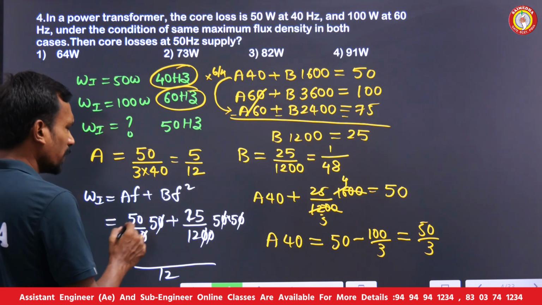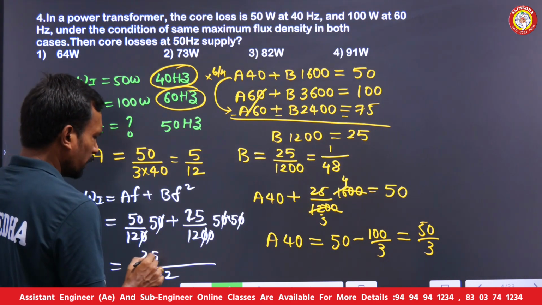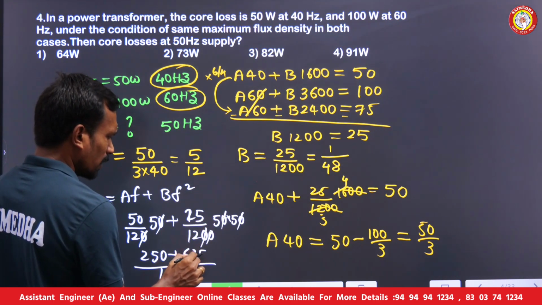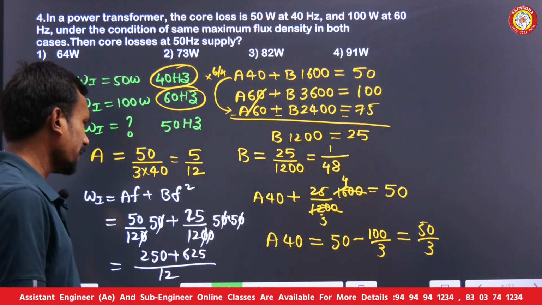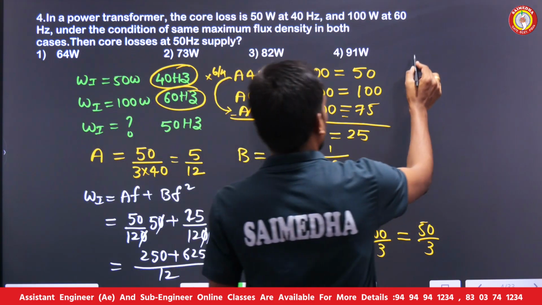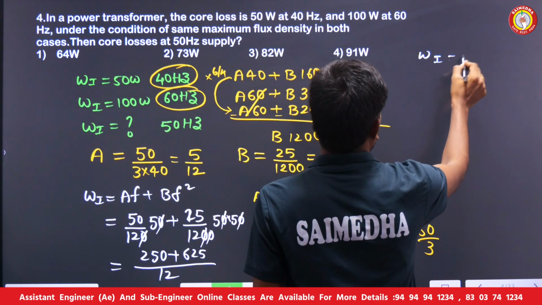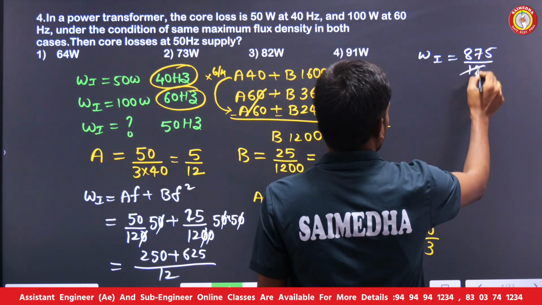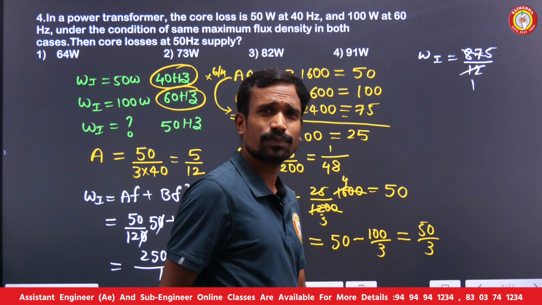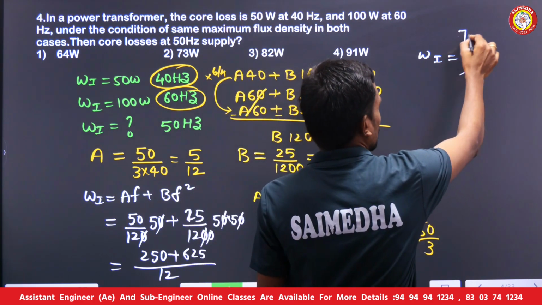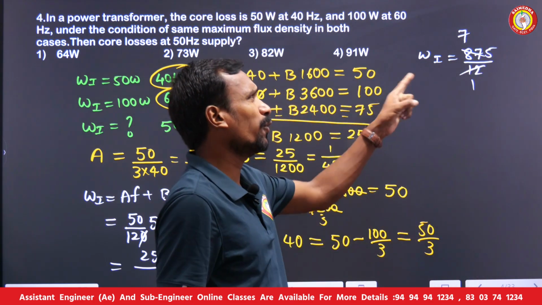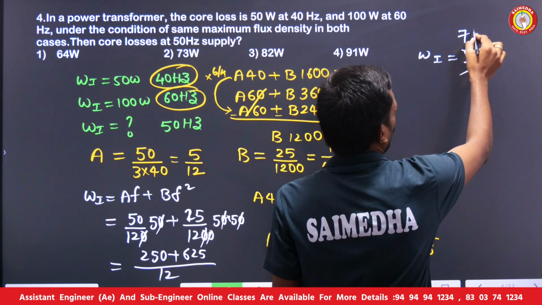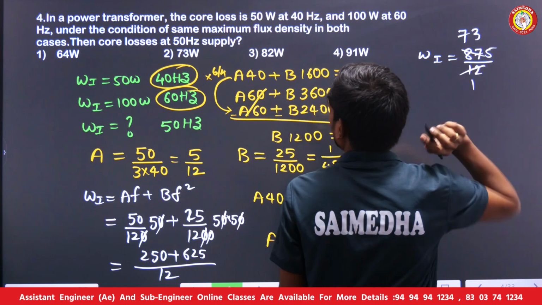So LCM is 12. This is 250 plus this is 625. 250 plus 625 is 875. So the iron losses is equal to 875 out of 12. 12 ones are 12, 12 sevens are 84, 84, 35, almost 12 threes are.